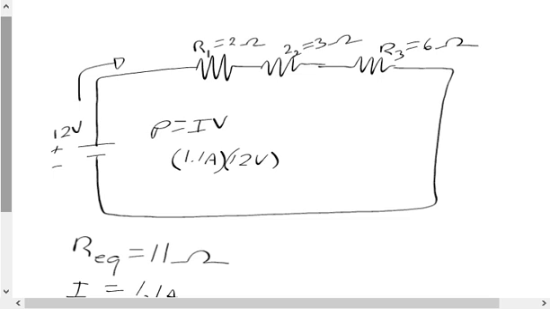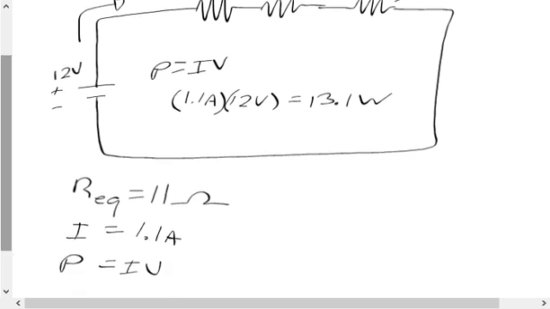About 13.1. So 13.1 watts is the unit. Watts the unit? Of course it is. So 13.1 watts is the power that goes through this series circuit.